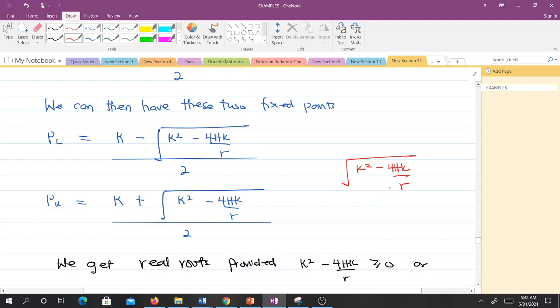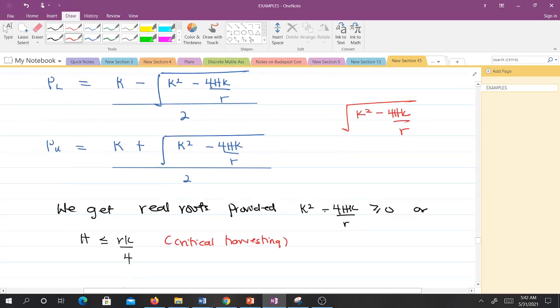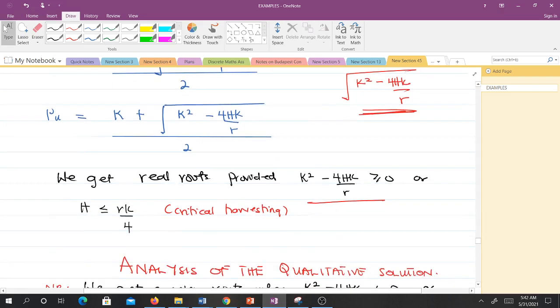We only get real roots if k squared minus 4hk over r is greater than or equal to 0. If this thing is greater than or equal to 0, then we have real roots. Or when h is less than or equal to rk over 4, that is when we have real roots.